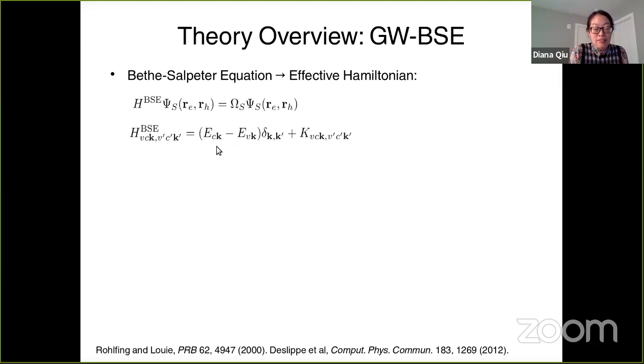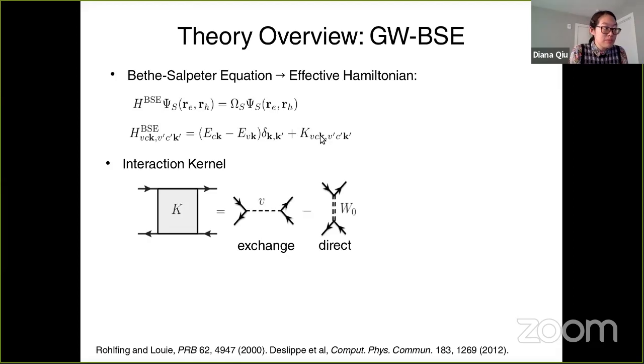The diagonal of the matrix corresponds to the transition energies between the valence states at v k and the conduction states c k, and behaves sort of like a kinetic energy term. And then you have this interaction kernel K, which describes the electron-hole interaction.